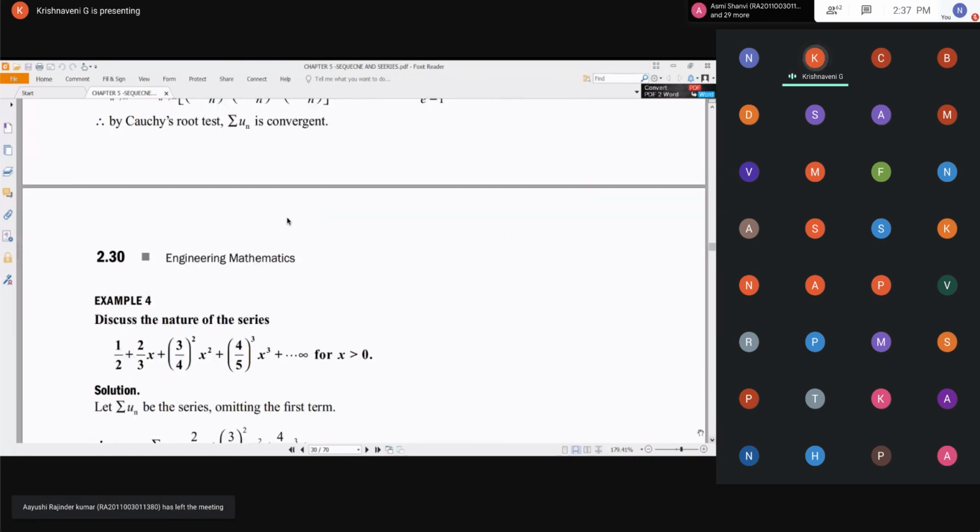You can try this one also. Write this one: first 1 by 2 plus 2 by 3 x plus 3 by 4 whole square into x squared plus 4 by 5 whole cube.